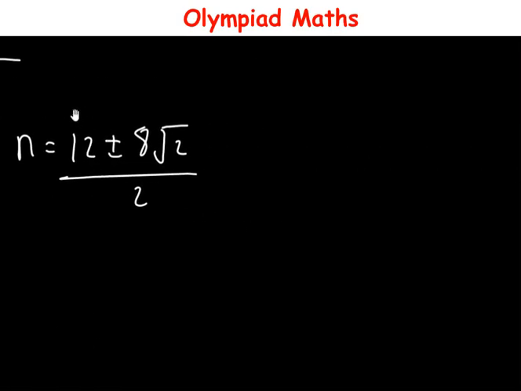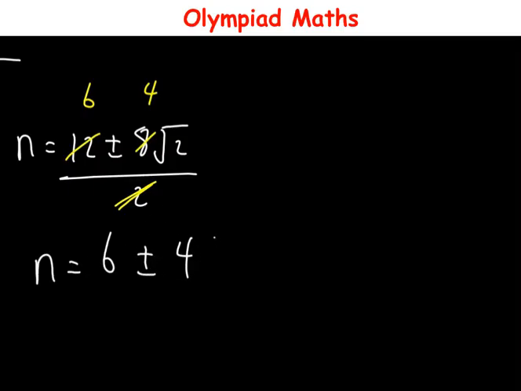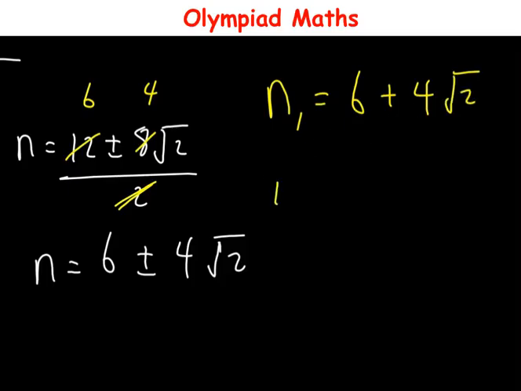Now, from here, 2 we divide 12, we have 6. 2 we also divide 8, we have 4. Such that n is then equal to 6 plus or minus 4 root 2. And from here, we have the first solution of n to equal 6 plus 4 root 2, and the second solution of n to equal 6 minus 4 root 2.